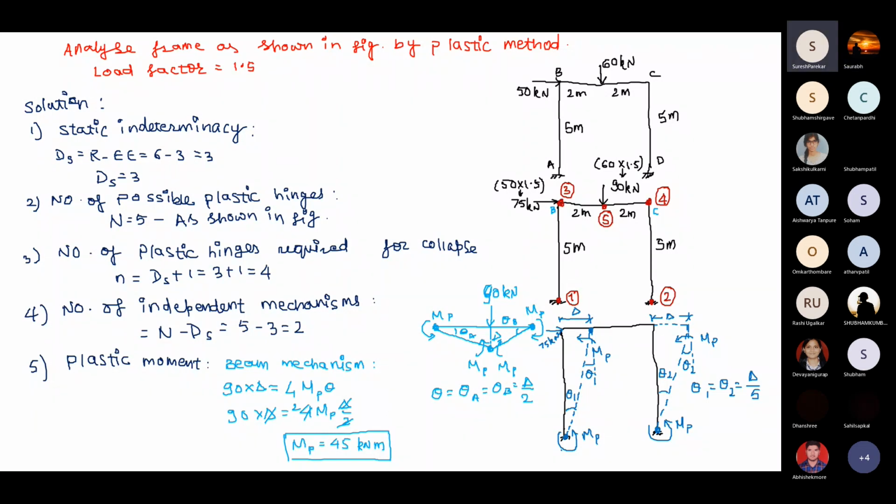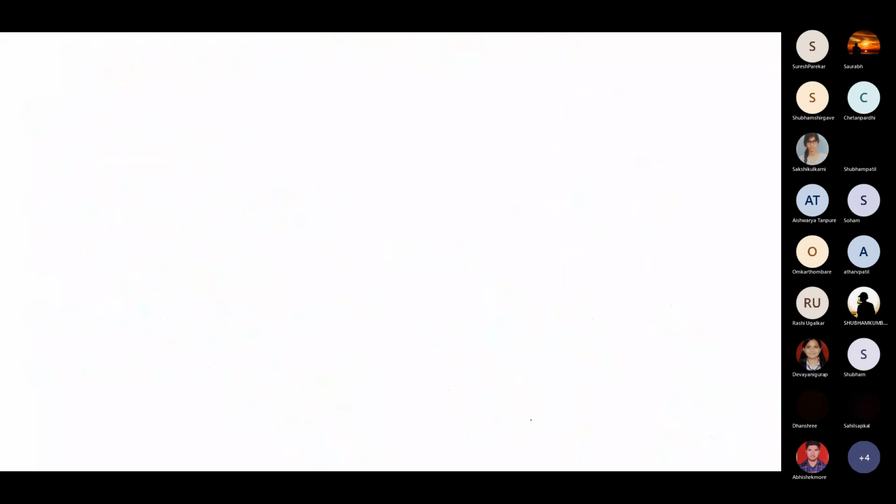Yes, sir. This first one is the beam mechanism; you are expected to write below it. This is the sway mechanism.